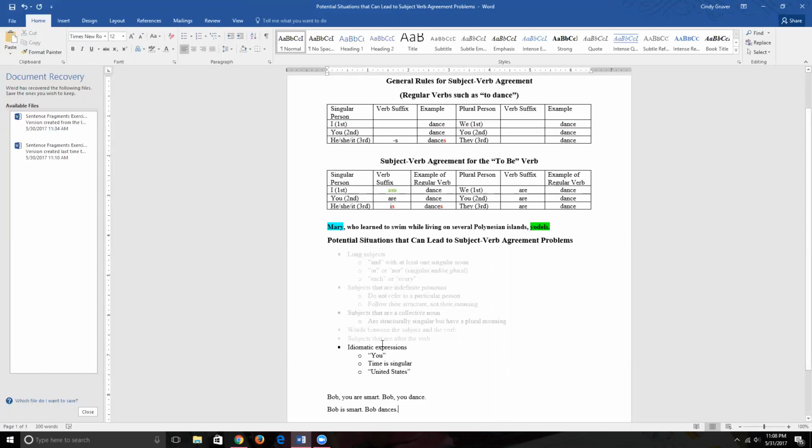Another thing, and this is idiomatic, but your ear will tell you that this is how we do it in English, is time. We say, and also money, I guess I should add, time and money are singular. So 3 hours is enough time.